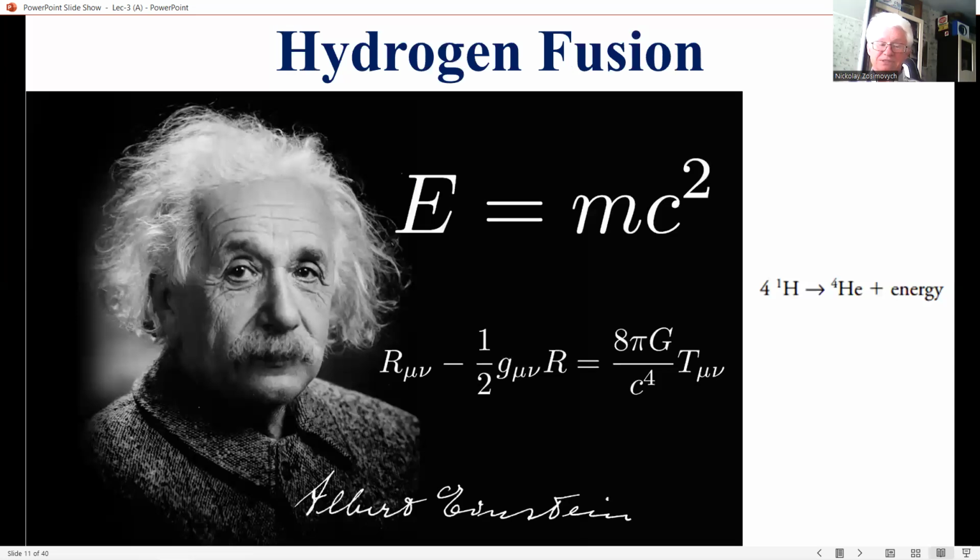It seems that some mass vanishes in the process. In fact, that mass is converted to energy, and you could figure out how much by using Einstein's famous equation E equals mc squared.